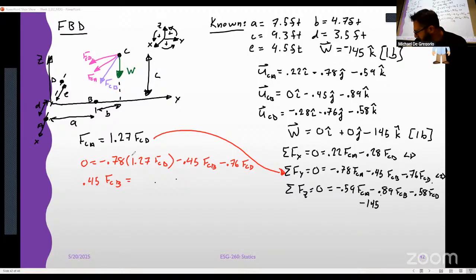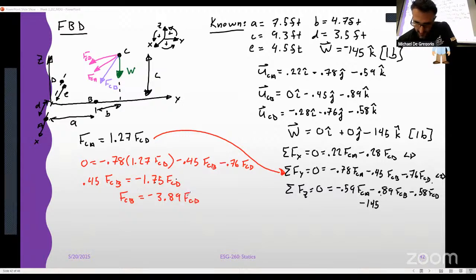Hold on a second. That doesn't make sense to me. Oh, and I add it. All right, so I'm doing all this together. I'm going to multiply it together, and then subtract 0.76. Those are both negative, they stay negative. It's negative 1.75 FCD. And so what we find out is that if I divide by 0.45, I end up with the expression FCB is equal to negative 3.89 FCD.